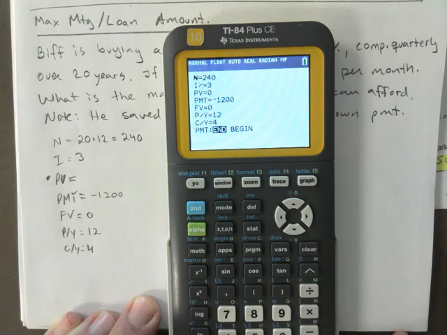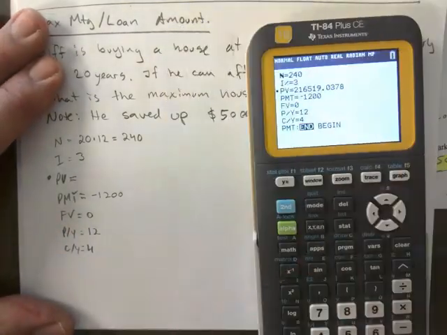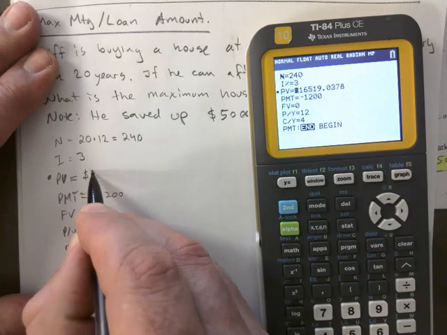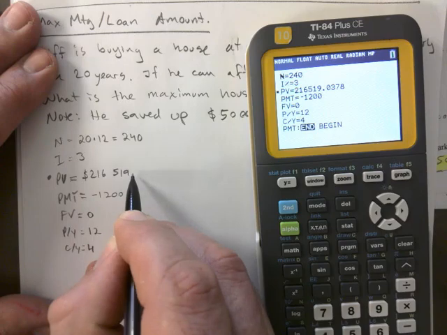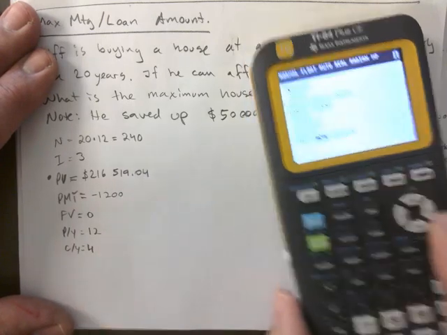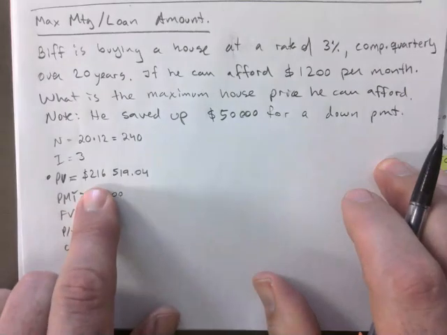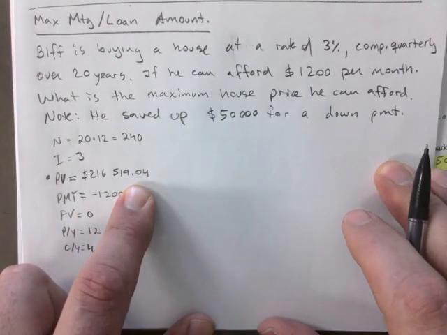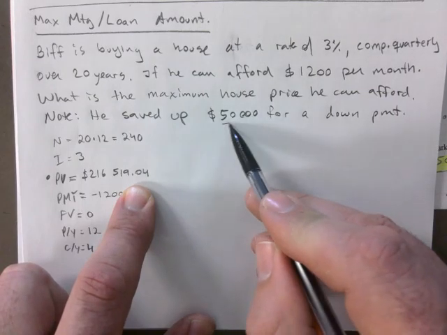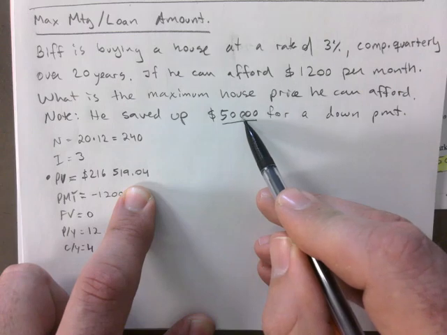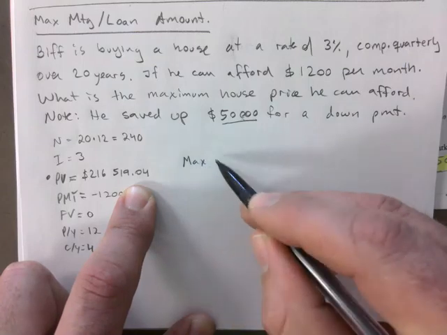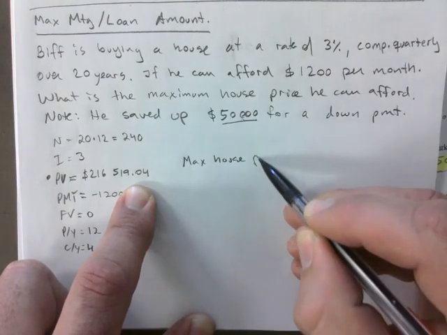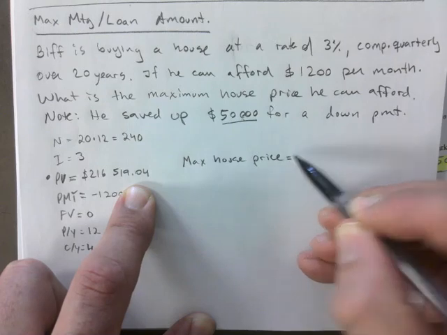So let's go find present value. So 216,519.04 is what we get. Is that the maximum he can afford? There's still, what about the down payment? Technically, maximum house price. This is the part of the lesson I want you to get.